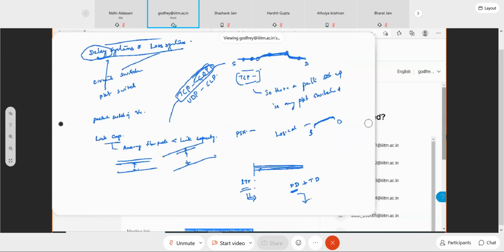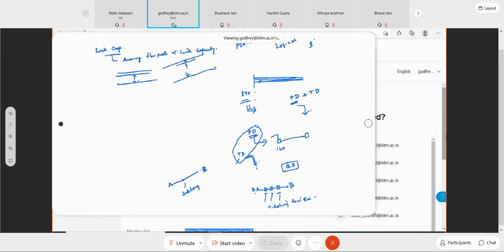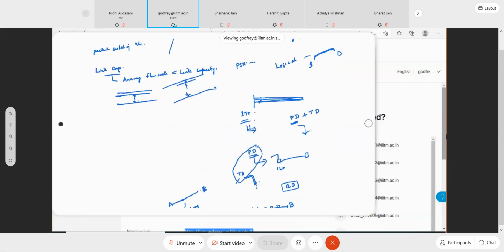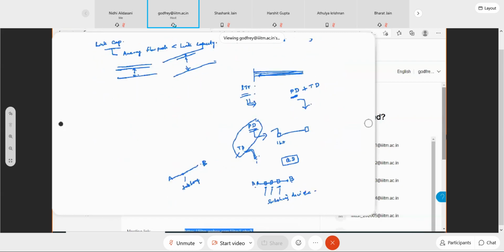Why is it called a delay system? Because in a packet switched network, the data may have to go through all these intermediate devices, and it may have to wait in the queues of all of them, right? So when you do the QoS of this kind of system, what you will be doing is, how can I reduce the delay?